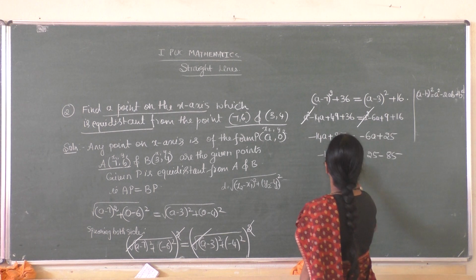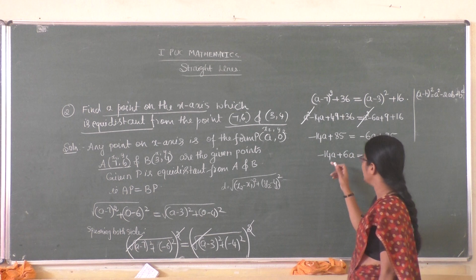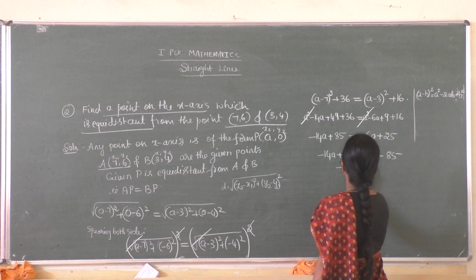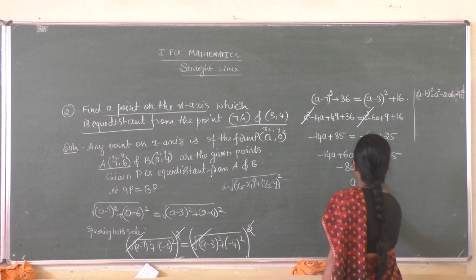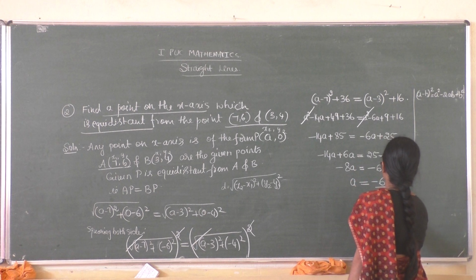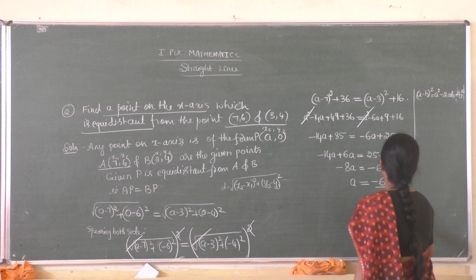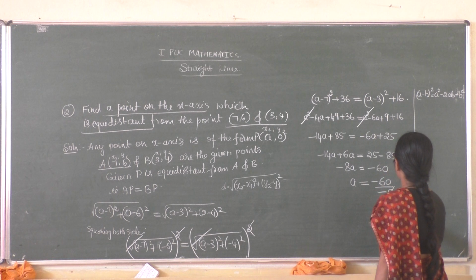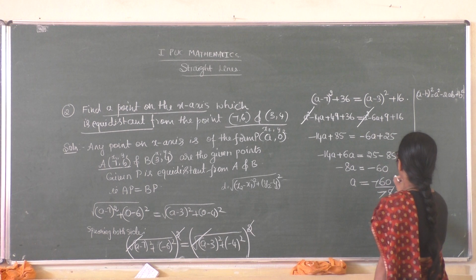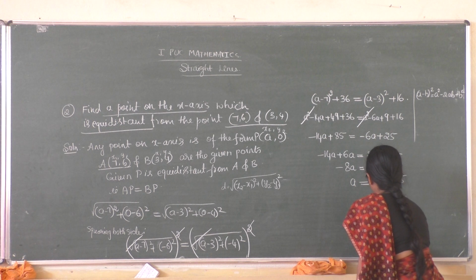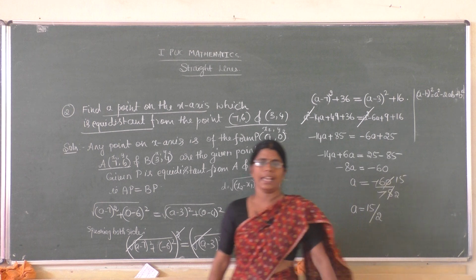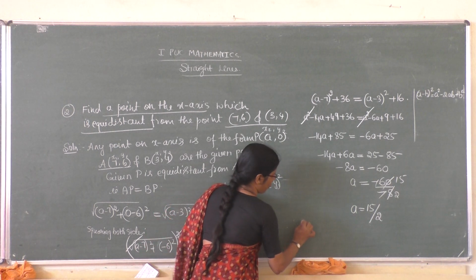So minus 14 plus 6, that is minus 8a, okay, equal to minus 60. So a is equal to minus 60 by minus 8, that is 15 by 2. Okay, a is equal to 15 by 2.